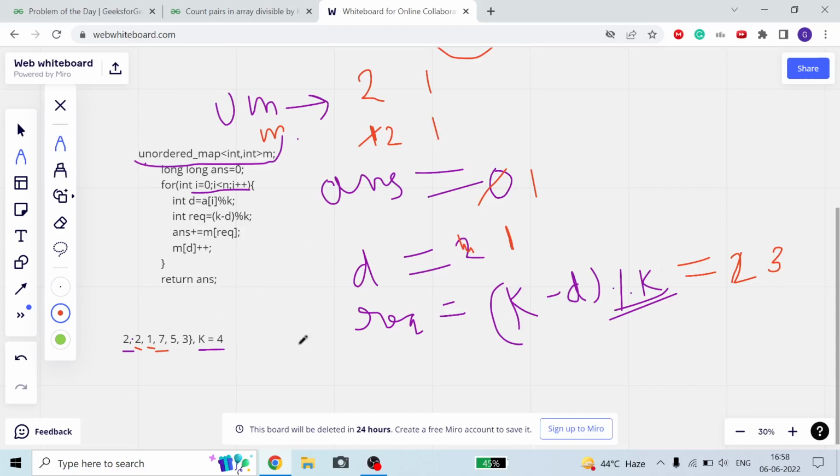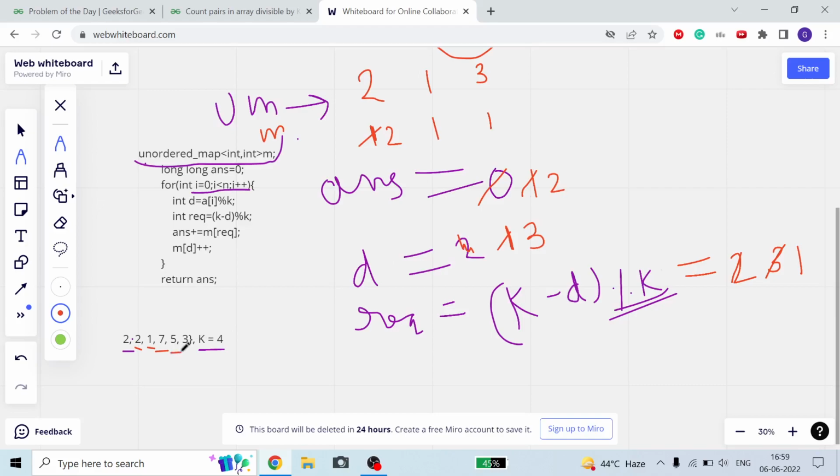Now 7, for 7 modulo k, 7 modulo 4 is equal to 3, k minus 3 is 4 minus 3 which is 1, so it will become 1. Now how many 1 we have, 1, so increase our answer to 2. Now m3 plus plus, we don't have any 3, so 3 is initialized to 1.